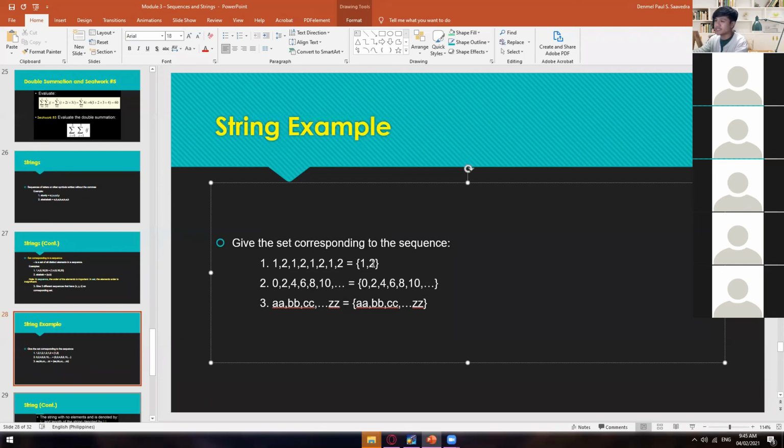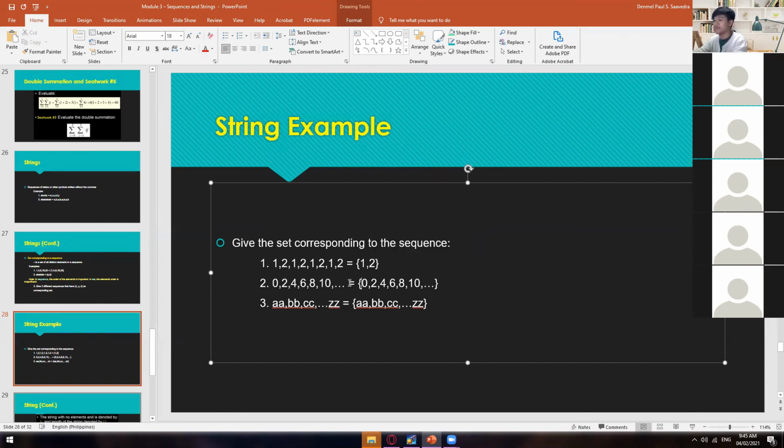The question here is the set: what is the set out of the sequence? Again, in a set, there are no repeated values. So you should only put 1, and you should only put 1, 2. That's why we have 1, 2. You can answer here 1, 2, or 2, 1. It doesn't matter since this one is a set.